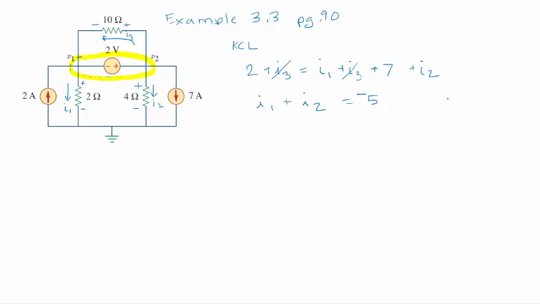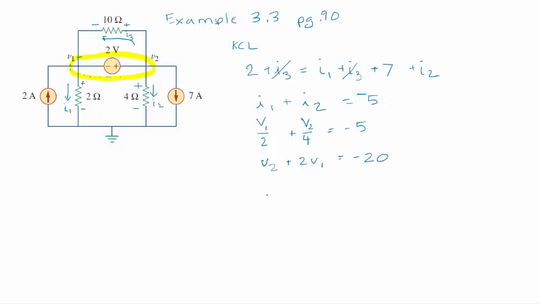That's a fine node equation. Now let's say what these currents are. I1 is V1 over 2 ohms. I2 is V2 over 4 ohms equals minus 5. I will make that a little nicer equation to work with, and I get V2 plus 2 V1 equals minus 20.